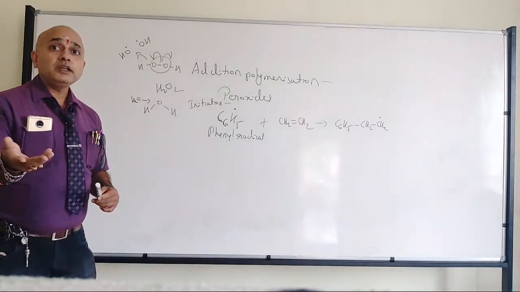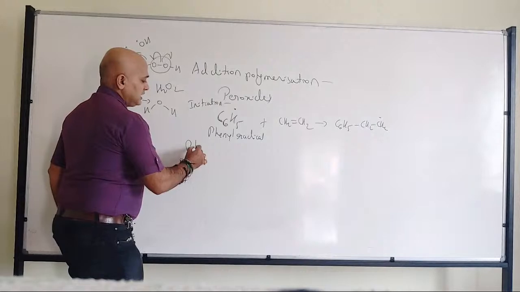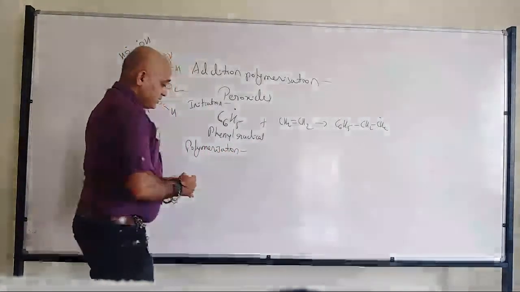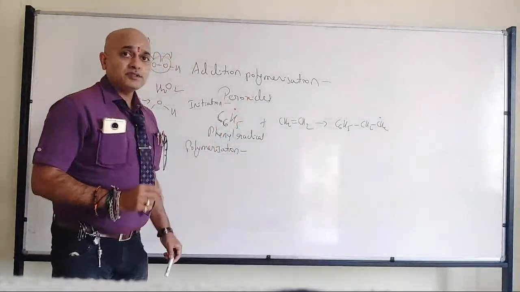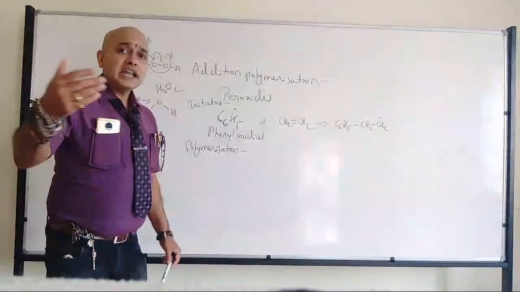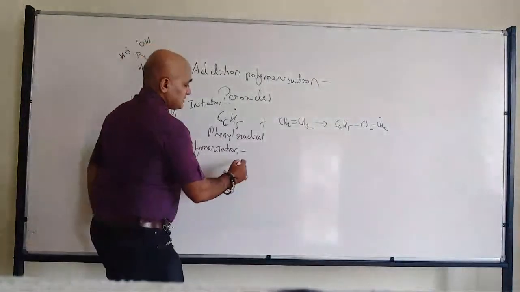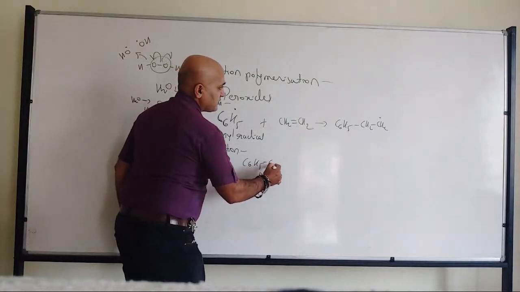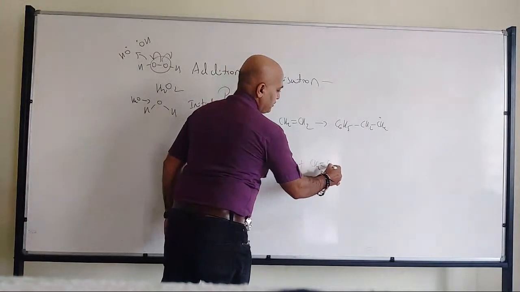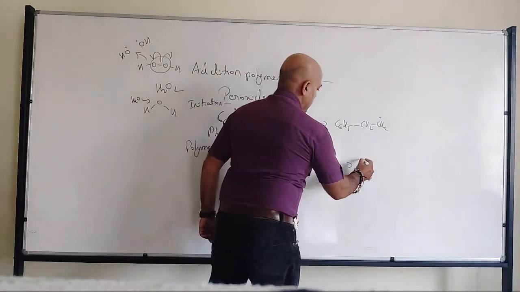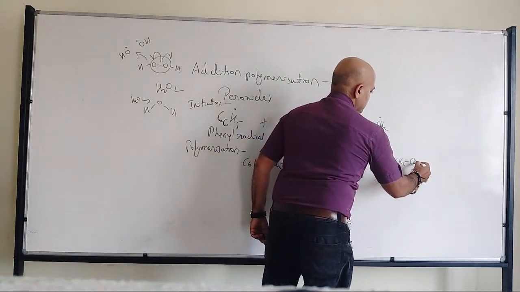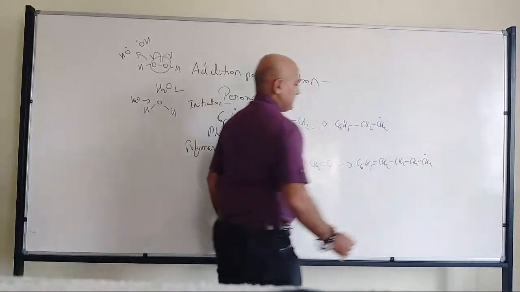Now next comes the polymerization. In polymerization, what will happen? Whatever radical has been produced, it's going to continuously react with other monomers, and there will be formation of radicals. So C6H5CH2 radical is going to interact with another ethene, and there will be elongation of chain, CH2 radical.